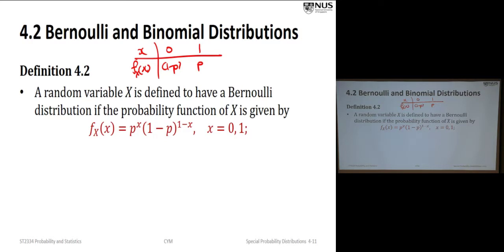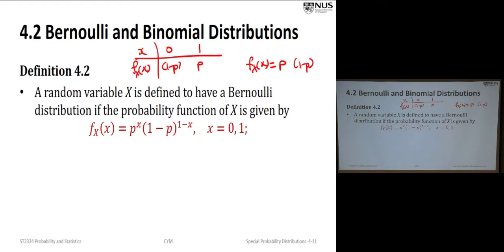But if possible, you can also think of how to express it in a closed form formula. So in this case, f of x is equal to p where x equals 1, and where x equals 0, this is equal to 1 minus p.